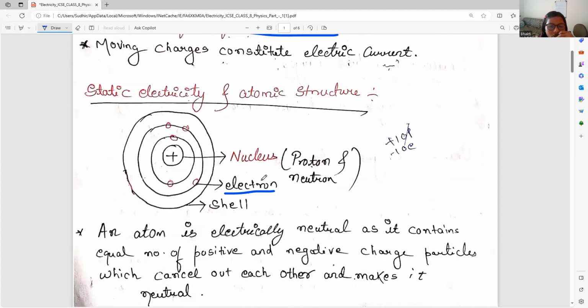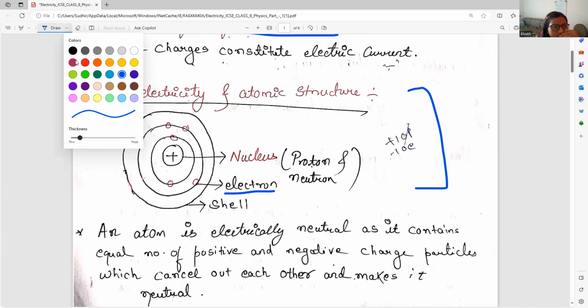Static electricity and atomic structure. Here you can see this is an atom. Already in class 7, we have studied the structure of an atom, and I'll be showing you the video of that also later on. An atom consists of a nucleus, shells, electrons, protons, and neutrons.